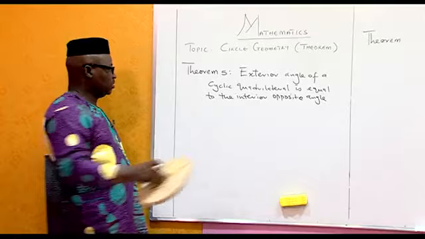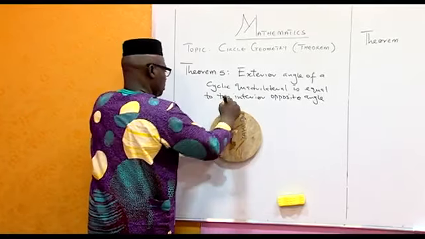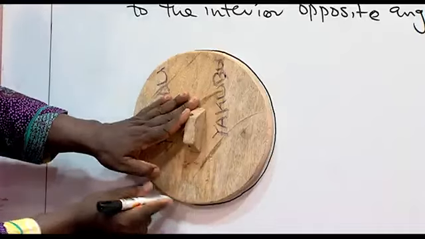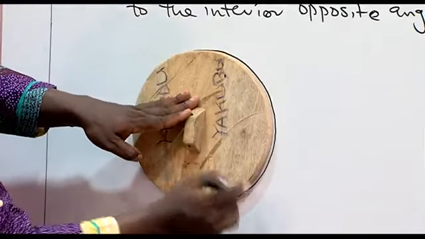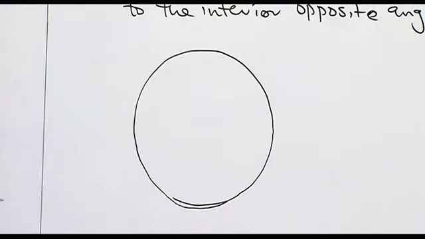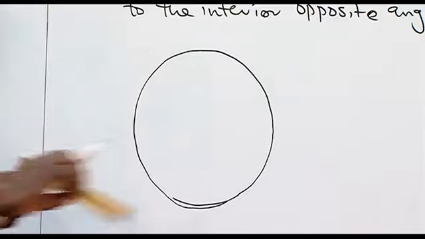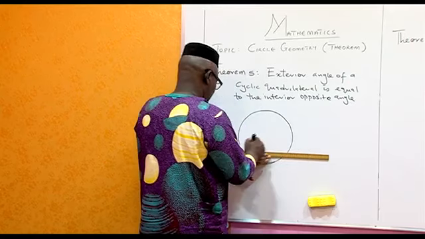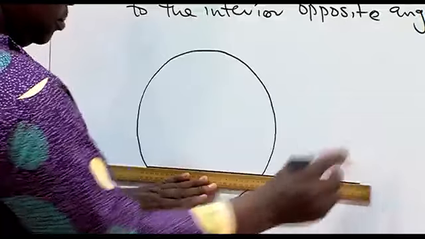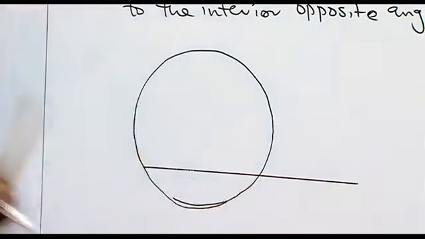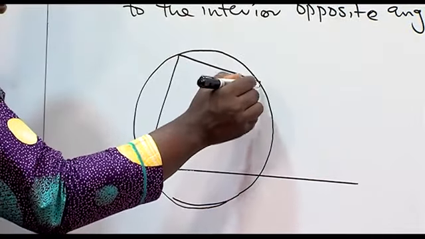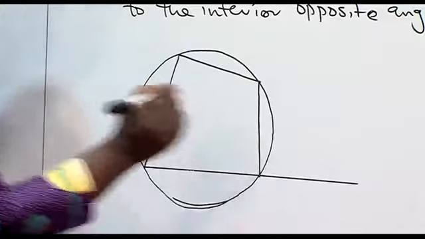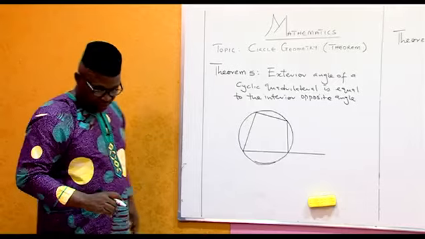Let me illustrate this with a diagram. If I have a cyclic quadrilateral like this, one I'm drawing on the board, this is a cyclic quadrilateral.